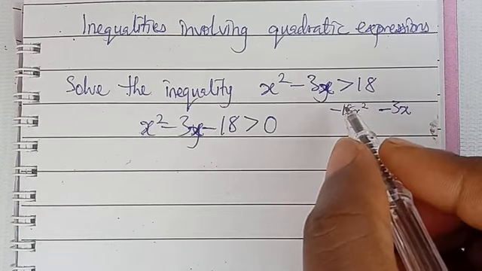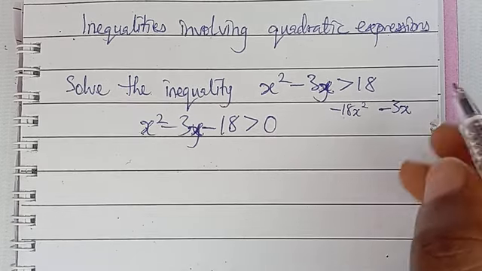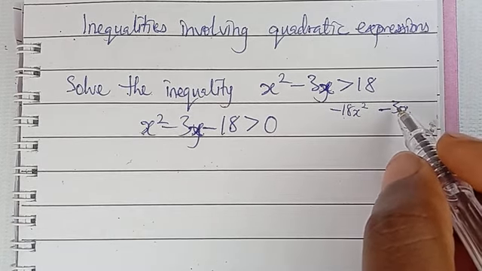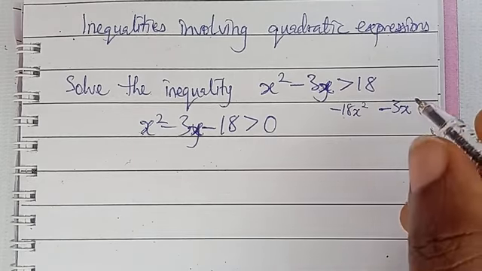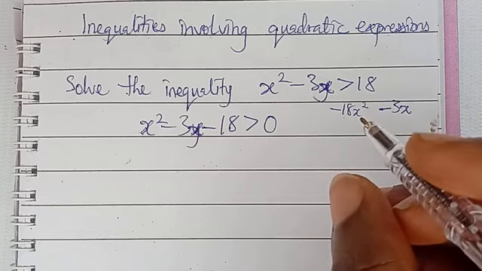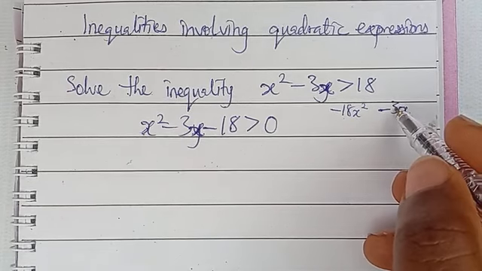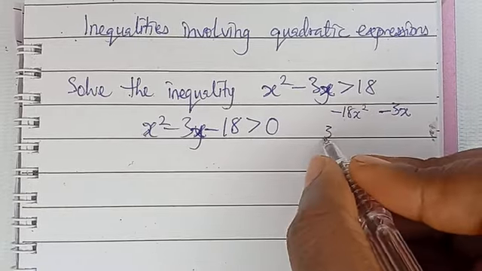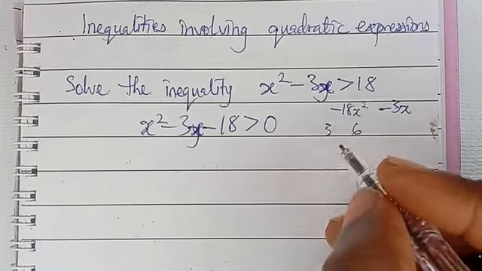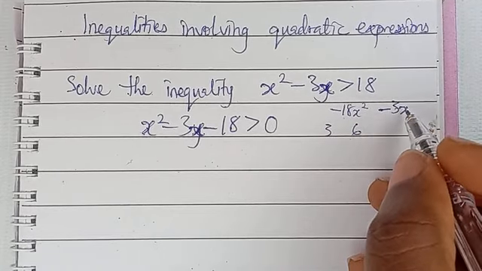When we multiply them, they give us negative 18x squared, and when we add them up, that's the sum, we're going to get negative 3x. So for 18, we have 2 times 9. Those two, none of it can give us this. We have 3 times 6, right? 3 times 6 is 18. 6 minus 3 is negative 3.